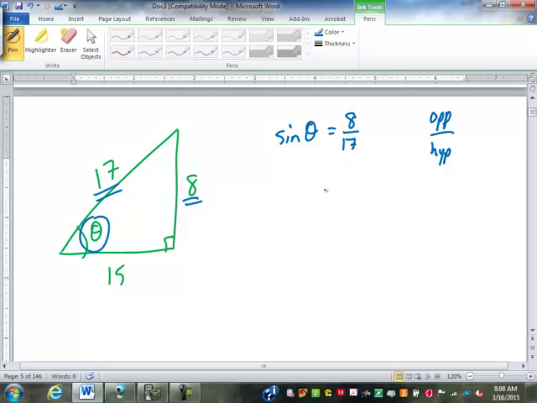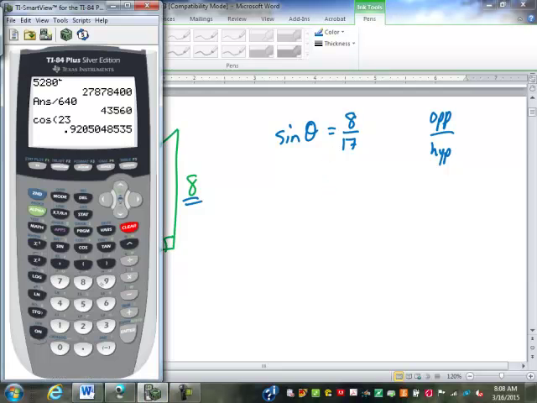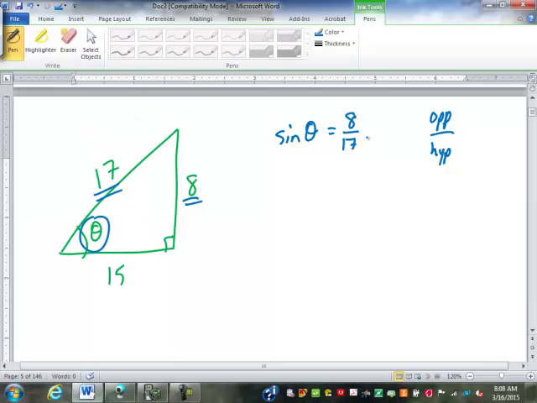So 8 over 17 is the sine. If you wanted to leave it as 8 over 17, that's perfectly acceptable. Of course, your calculator is going to think of it as a decimal, so 8 divided by 17 is 0.4706. Standard when dealing with trig is usually to round to 4 decimal places, at least with the trig function itself.